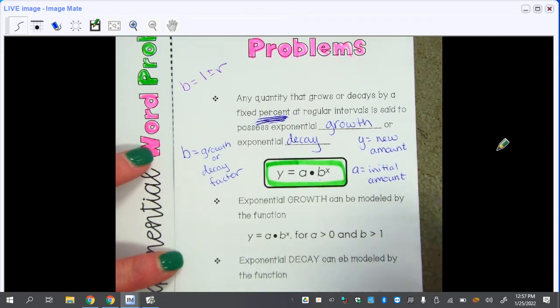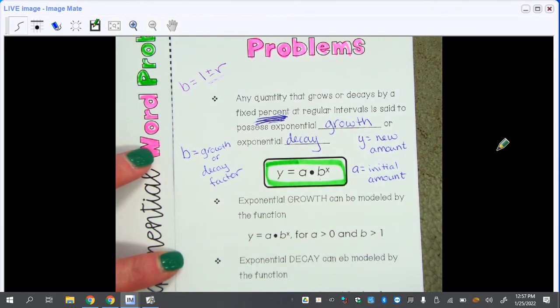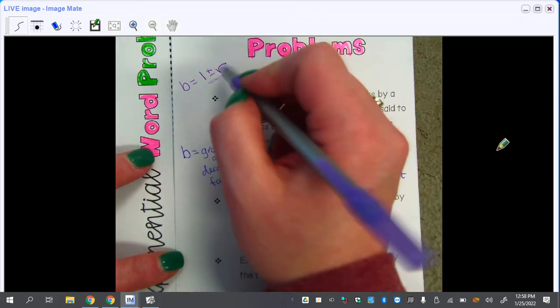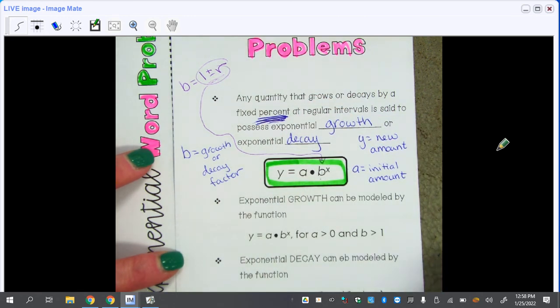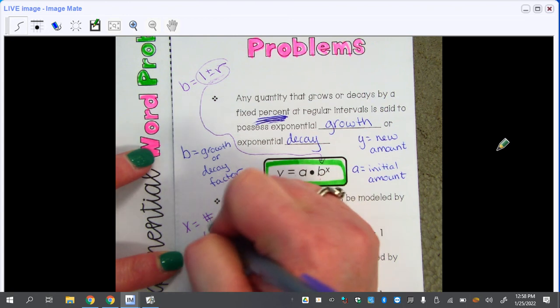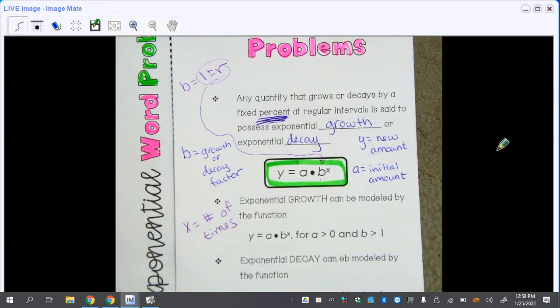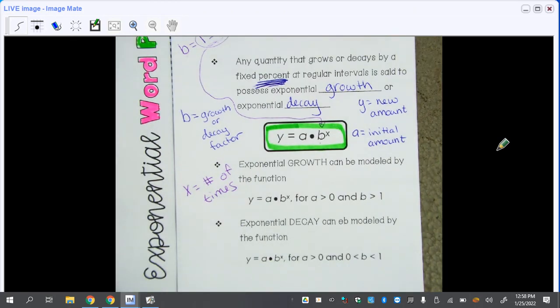In your equation from last time, your B came from when you added or subtracted that percentage. If it was growth, you added your percentage; if it was decay, you subtracted your percentage. Once you add or subtract that value to 1, that gave you your growth or decay factor. And x still represents your number of times. How many times is whatever the situation is dealing with happening?